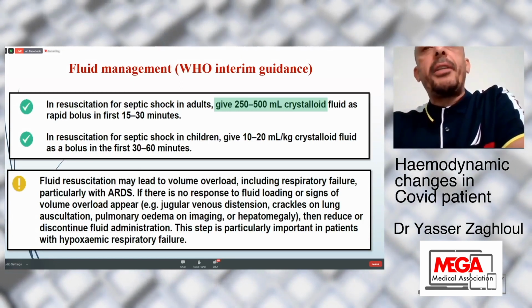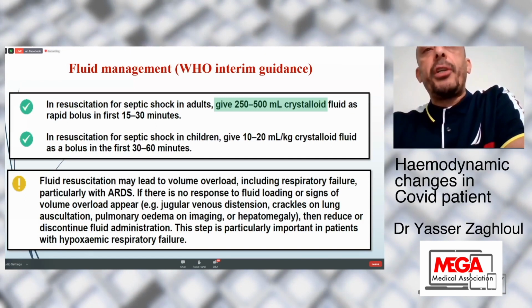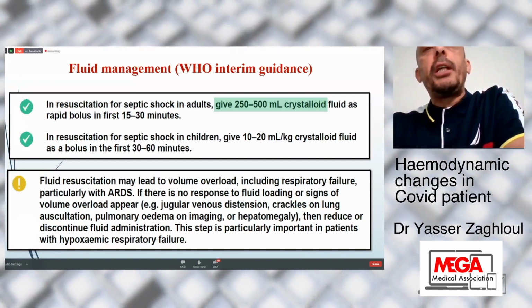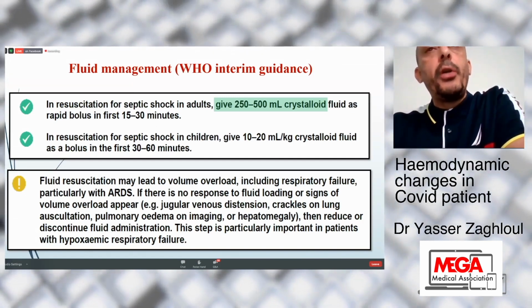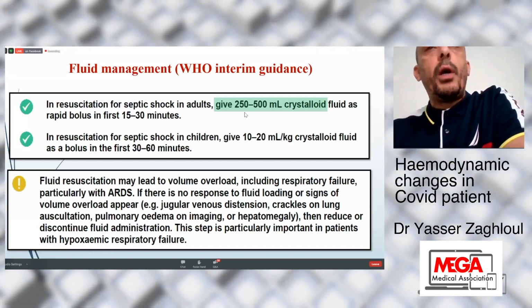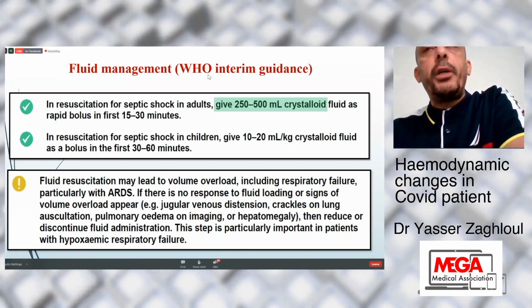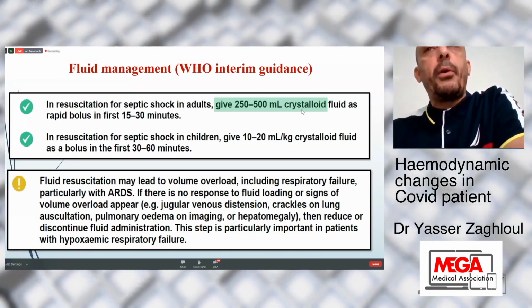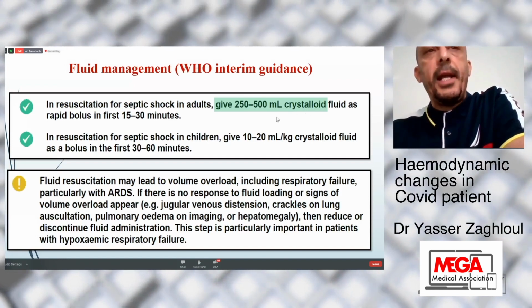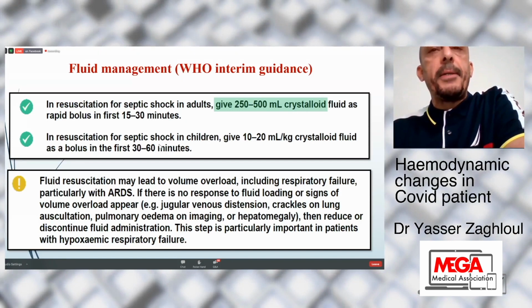There may be some cardiac dysfunction. This is a cause of hypotension. Most of the patients coming initially are not in cardiovascular shock. So they may need a small volume of fluids, 250 to 500 ml, and WHO didn't specify the type of crystalloids, either Ringer lactate or normal saline, to be given over about 15 to 30 minutes.